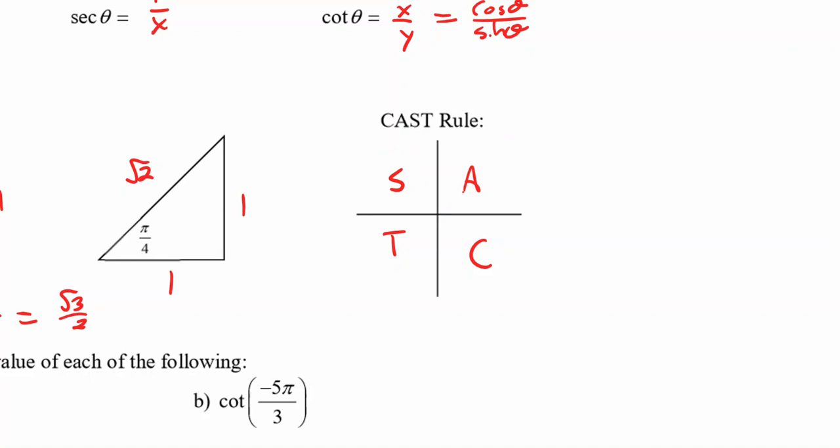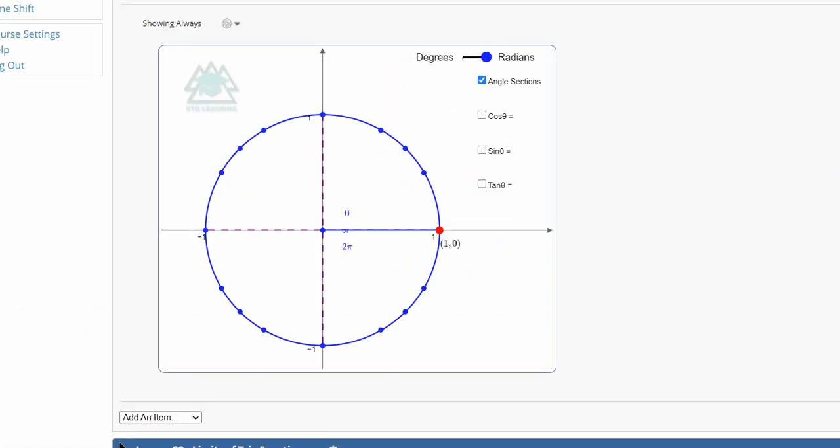Really all this is doing, if you have a picture of the unit circle, you can figure that out as well. So if we think about sine theta, sine theta is the green arrow there. It's our y value. Well, it's going to be positive in quadrant 1 because it's above the x-axis there, but then it also will be in quadrant 2.